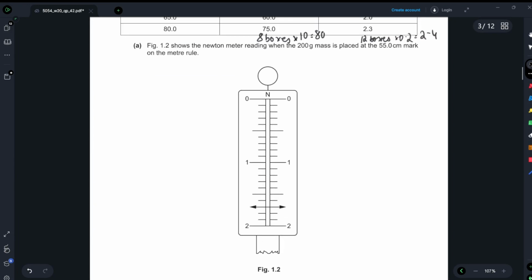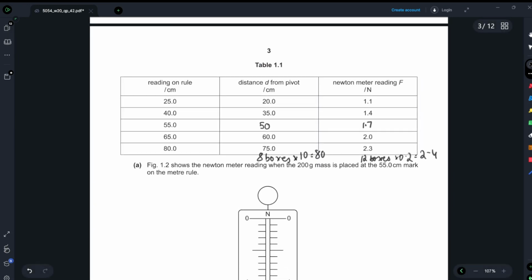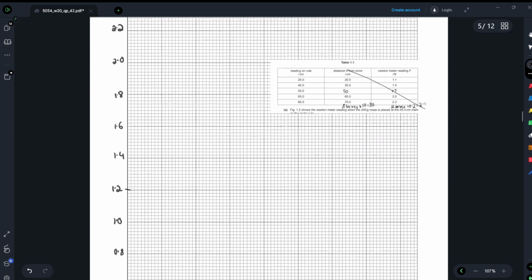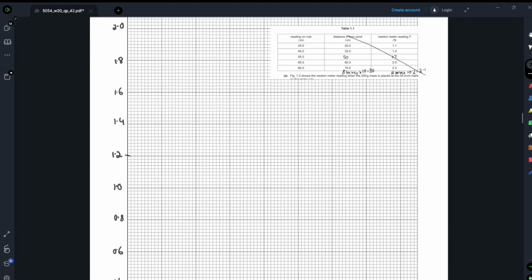Values जो है, let's just take a screenshot of the values ताकि हमें जो है वो याद रहें कि values का क्या scene है. So I'm going to take a screenshot. Alright, so what do we have over here? So the first reading is at d equals 20 and F equals 1.1.